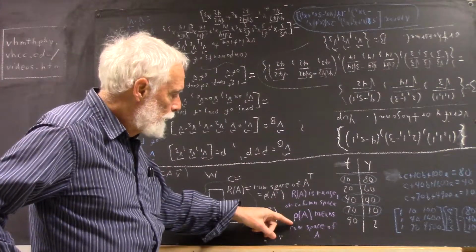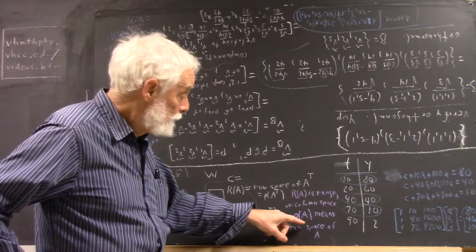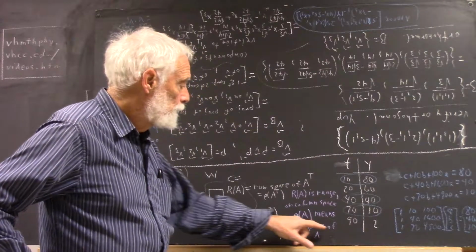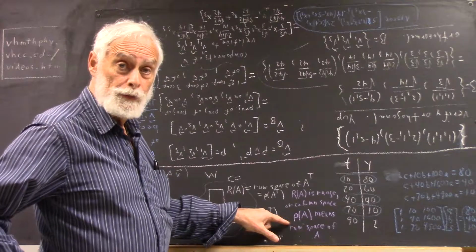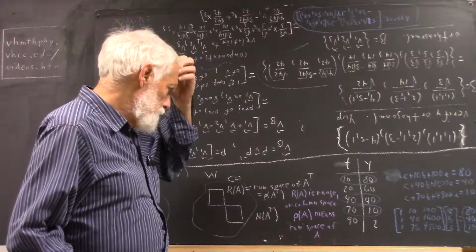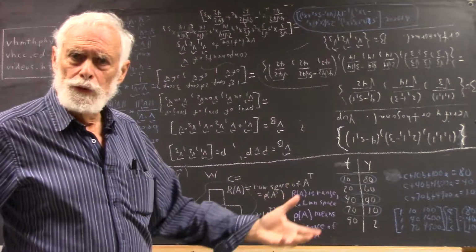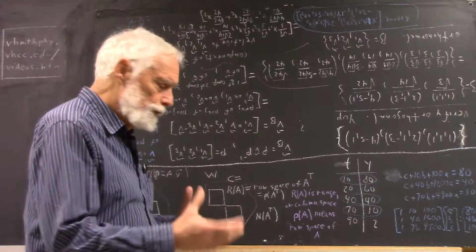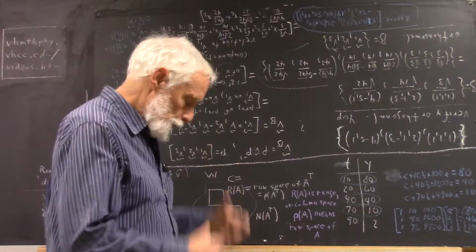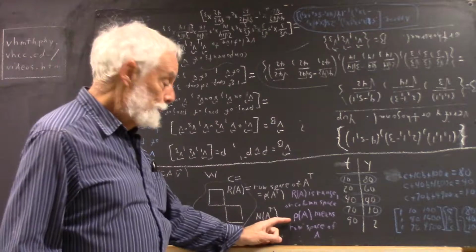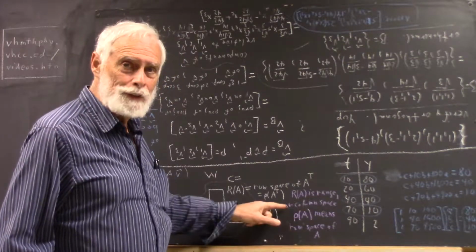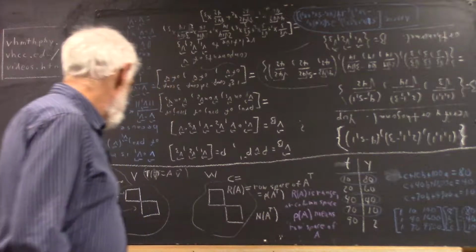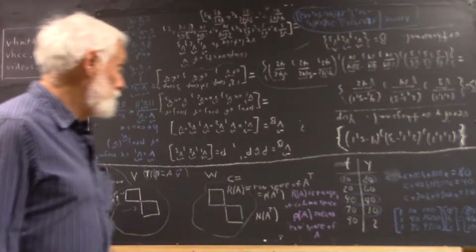This Greek letter applied to A means the row space of A. I chose this symbol not for its name, but because it isn't used a whole lot in the context of linear algebra that we're working with right now. It happens to be the Greek letter rho. So rho of A is the row space of A. That's kind of a pun, but that makes it easy to remember.